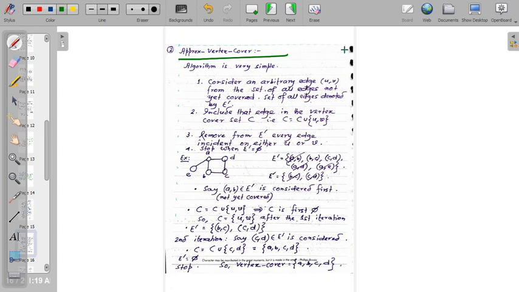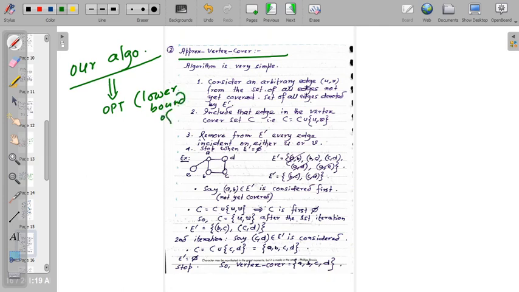What approximation algorithm are we designing? That we have to understand first. That is our algorithm, and it will be compared with this lower bound.